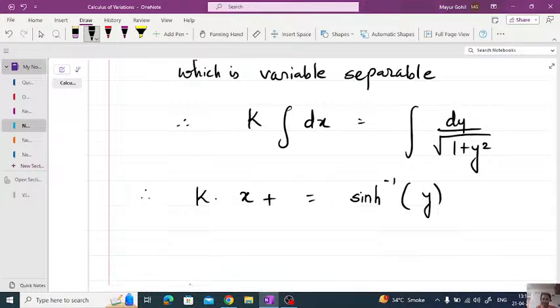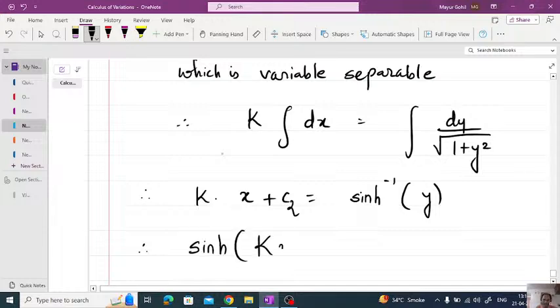And I'll have one constant attached here. Okay, c1 or c2 I can call it, c2 for some time. Some constant will attach here. So this c2. Therefore sinh of kx plus c2 is equals to y.